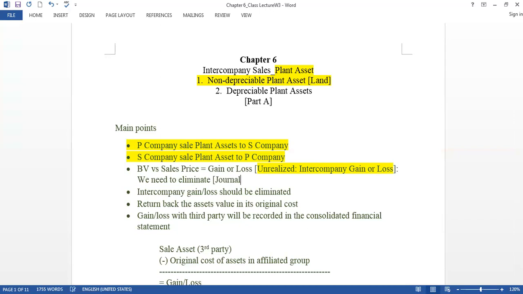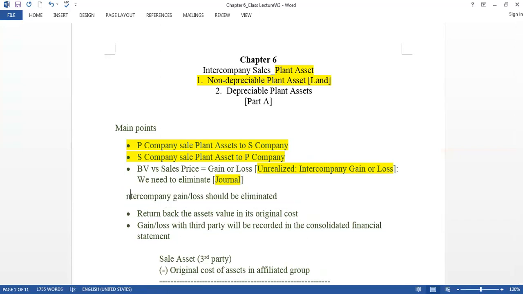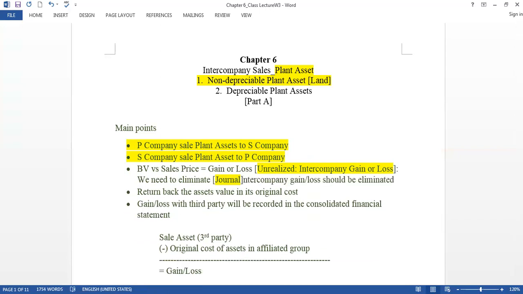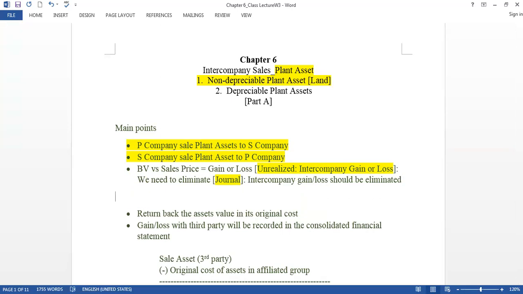We need a journal entry here. So this is the journal entry like this: intercompany gain or loss should be eliminated. Now, this is the unrealized gain or loss, okay?